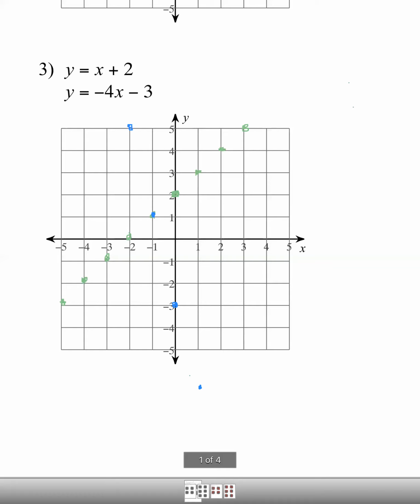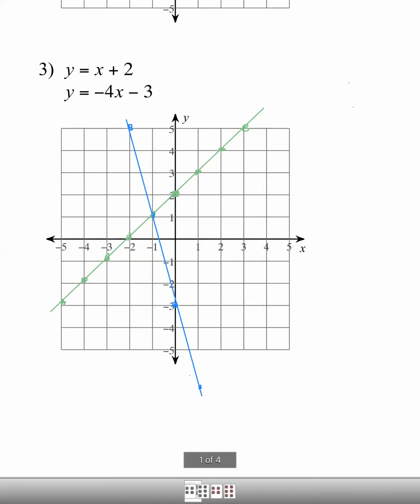Oh, silly me, I forgot to graph my line for the green one. So let me graph the blue one right here while I have it. And I'll go back to green. There we go. So now you can see with this one why it was good to have those points on the left, right?